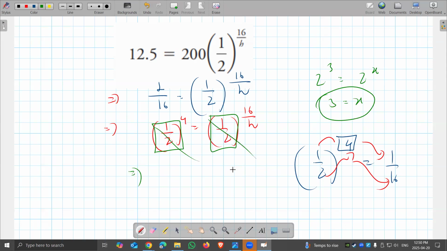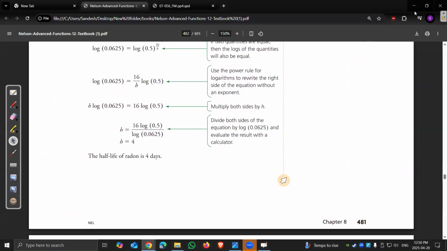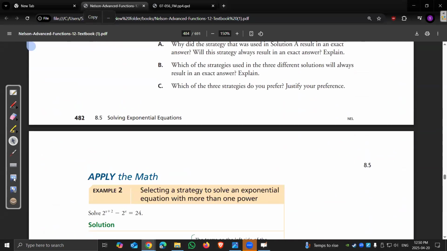What you're technically doing is raising both sides of the equation to the power of 2. 2 to the power 1 over 2 cancels with each other. So the main point here is that if the bases are the same, they disappear. Therefore h is 4 and you're done. So that was an example of an easy exponential equation where you can write the base in terms of the other. That's not always going to be the case though.